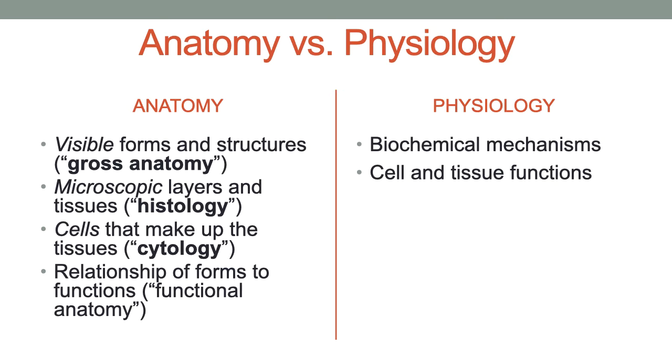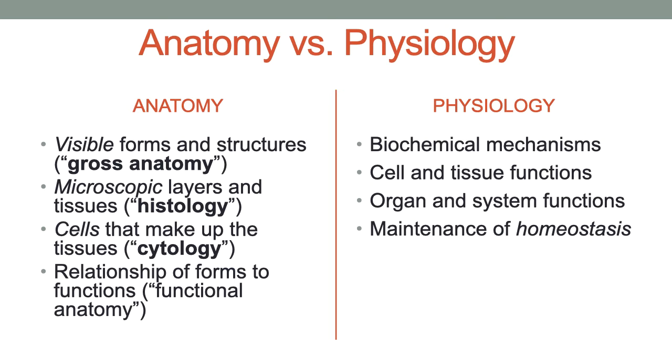It's also going to assess cell and tissue function, organ and organ system functions, and maintenance of homeostasis, which is basically the steady state of internal conditions that must be maintained by all living things. We're going to talk more about what homeostasis means as we move through this lecture.